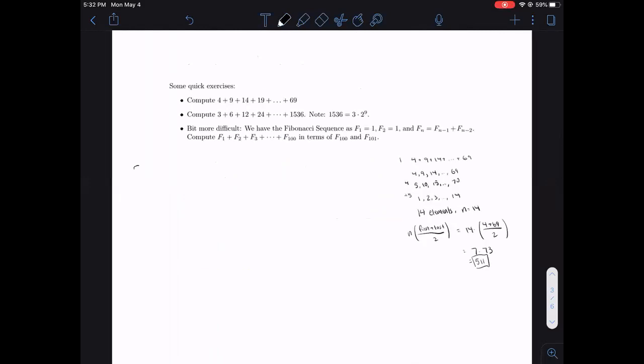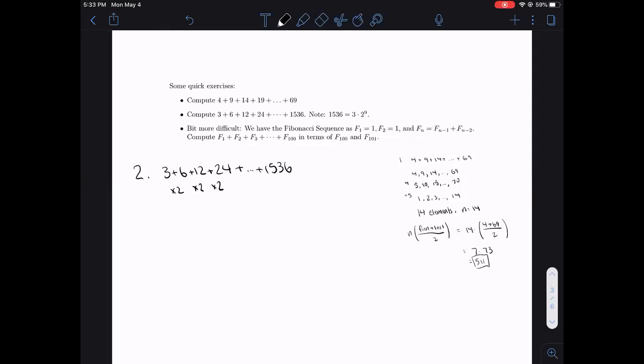For the second part, we want to compute 3 plus 6 plus 12 plus 24 all the way to 1536. So we multiply by 2 every time to get the sequence. So how many are there?